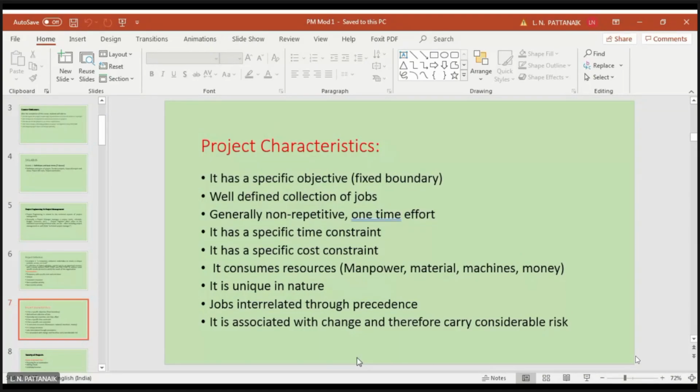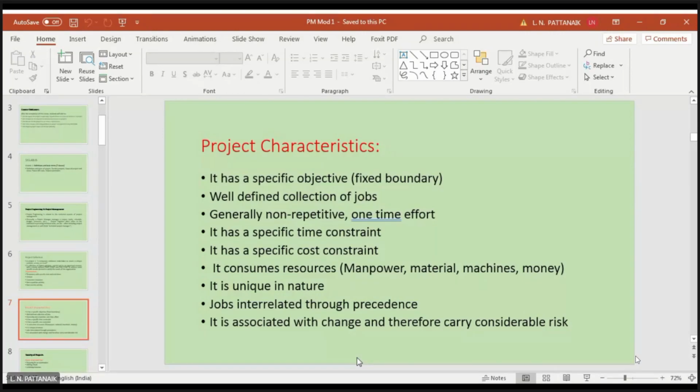All the projects are unique in nature, as I'm saying. Something like fingerprints, very unique, each and every project. So it is non-repetitive. Once it is repetitive, it's not a project, it becomes a process or a program. It is a one-time effort, and you cannot have two projects exactly the same.